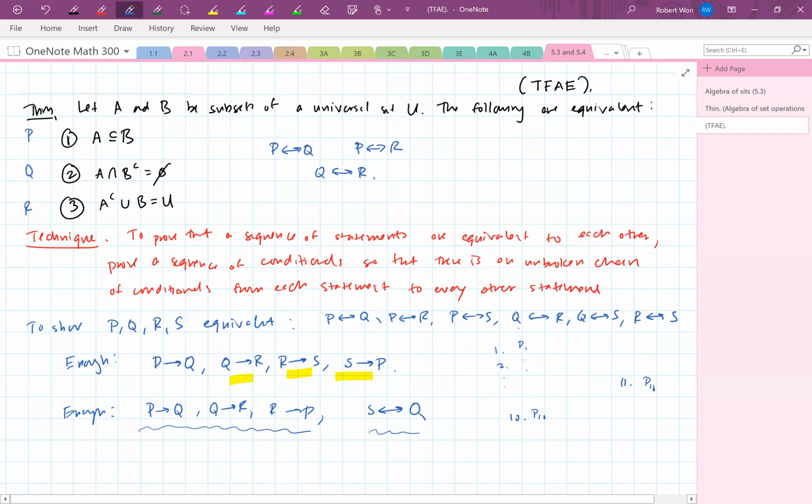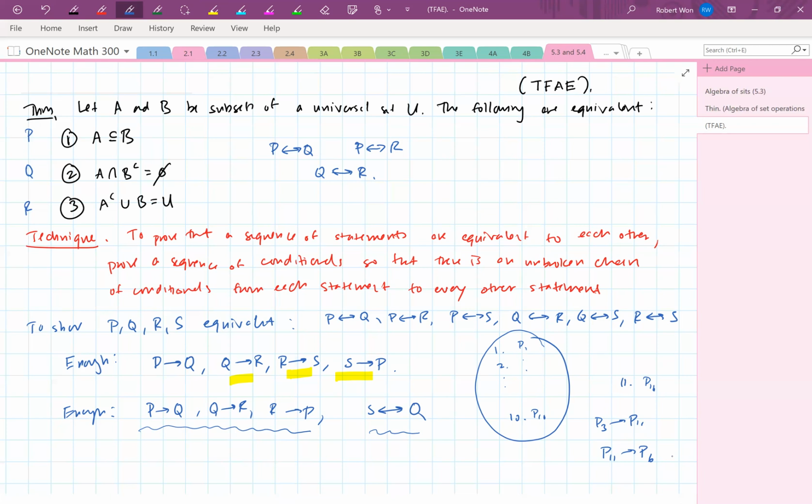You didn't need to show that it's equivalent to every one of them. If you know that these are equivalent, you can just show, oh, P3 implies P11 and P11 implies P6. And now you've added P11 to the unbroken chain. So it's a really nice technique in that it gives you a lot of flexibility.